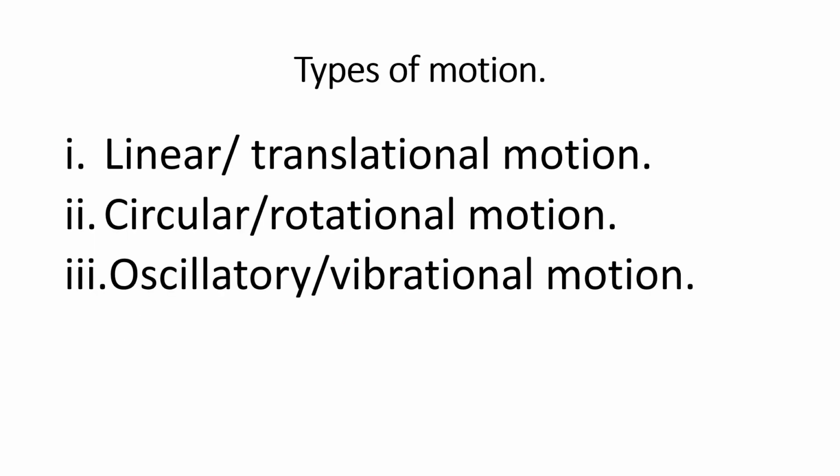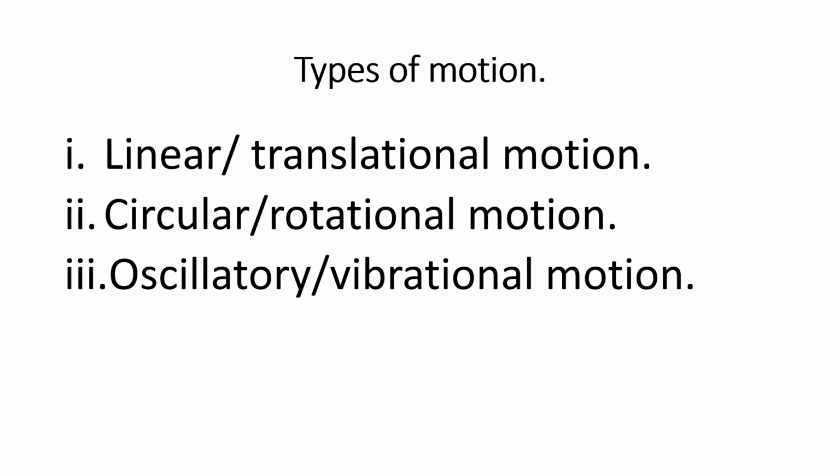The various types of motion include linear motion, which is also called translational motion. We also have circular motion, which is also called rotational motion. Then you also have oscillatory or vibrational motion.